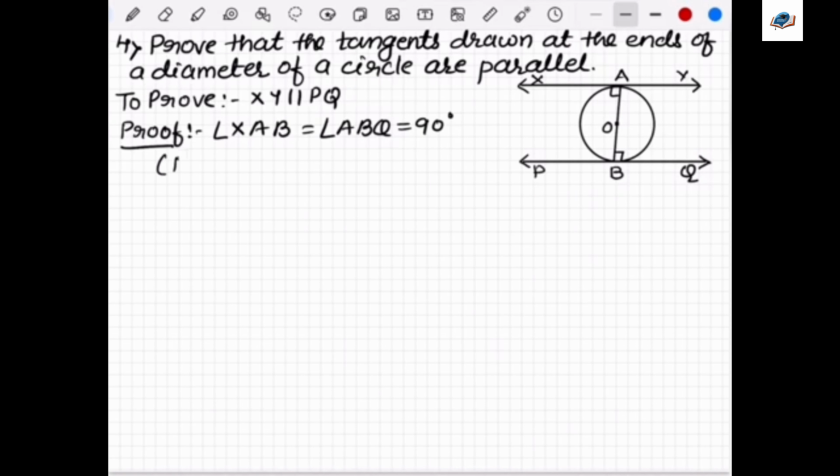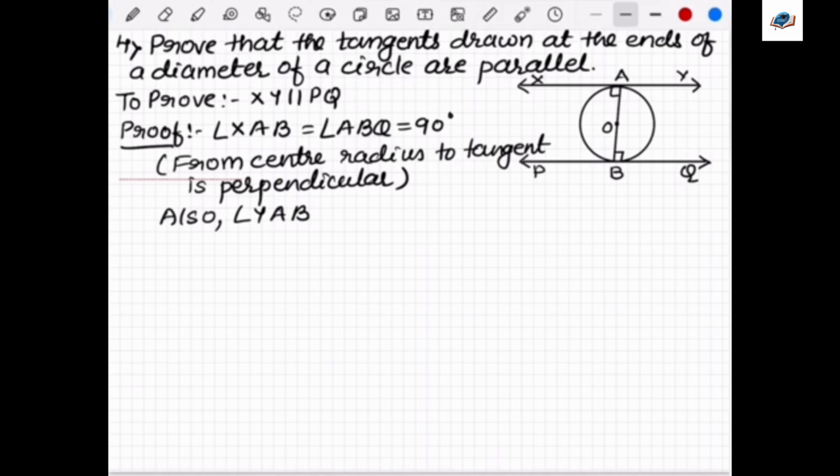So also angle YAB equal to angle PBA equal to 90 degree.